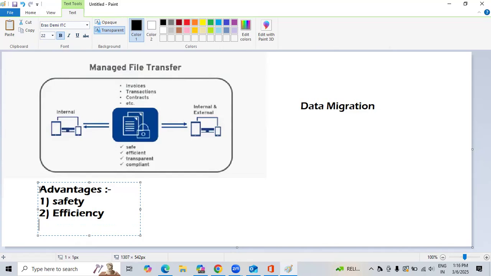The third one is about the compliance part. When it comes to compliance, organizations can configure these MFTs to meet the stringent security standards that are required.